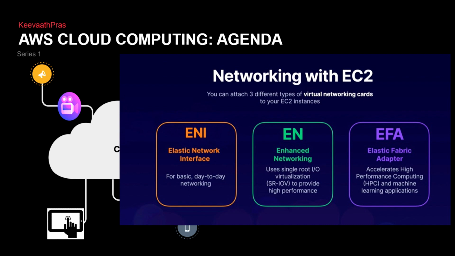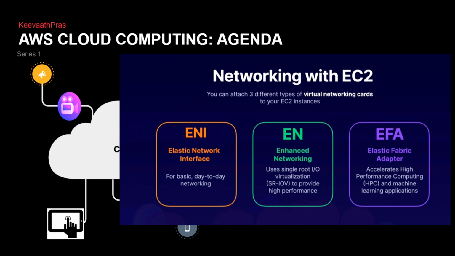And enhanced networking, as you know, is more speed, a more advanced version. That uses single root input-output virtualization and provides higher performance. And then we have the elastic fabric adapter, EFA.